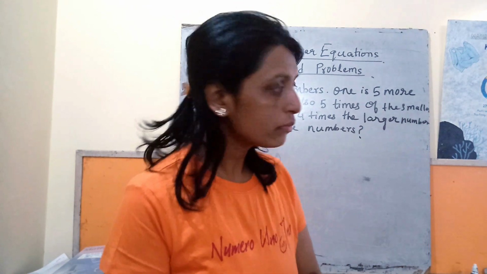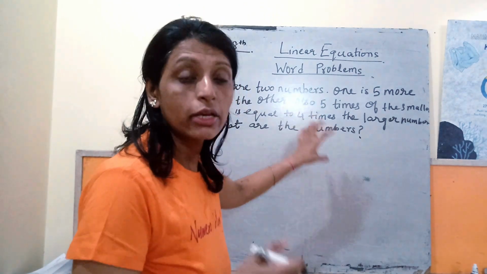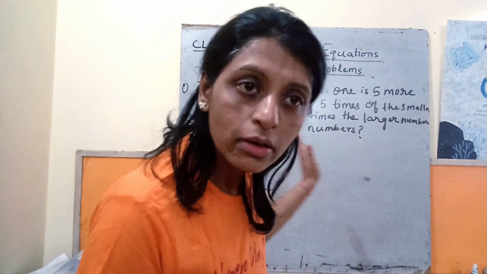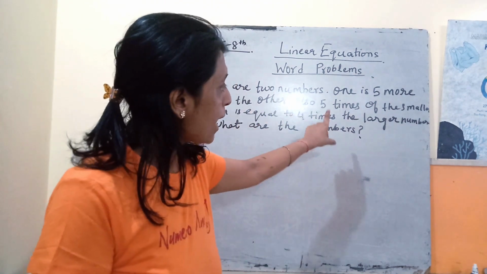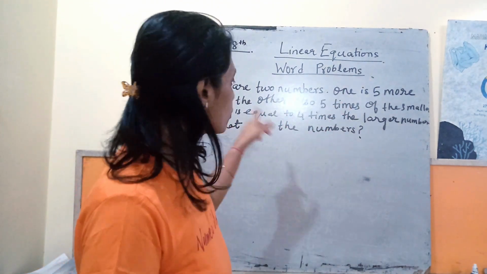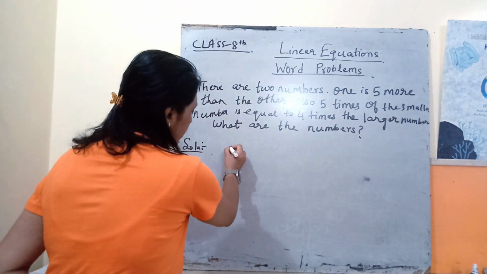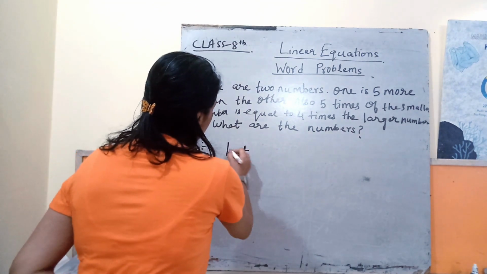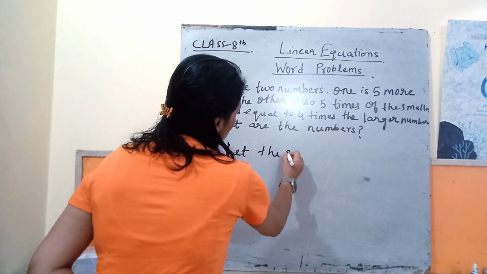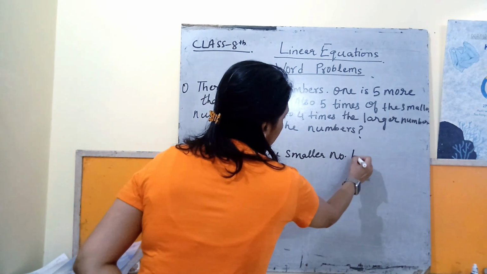So we have to go through the question. If you don't understand once, read it twice. As it's given that one is 5 more than the other, we are going to take the smaller number as x. Let the smaller number be x.